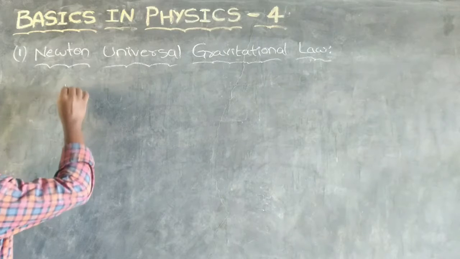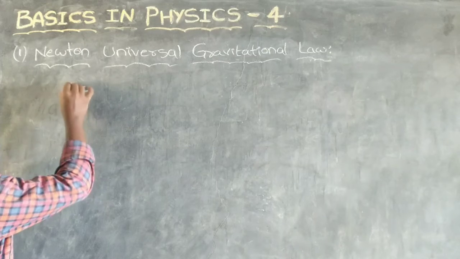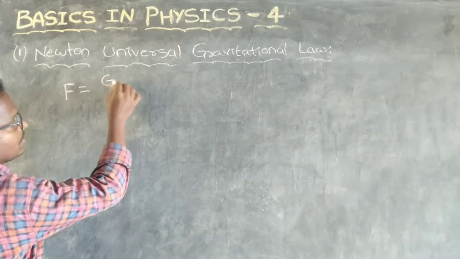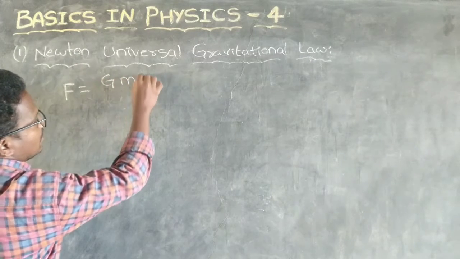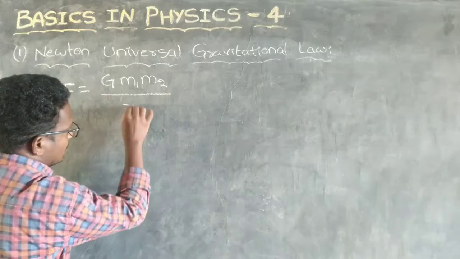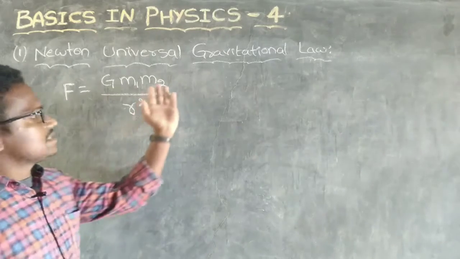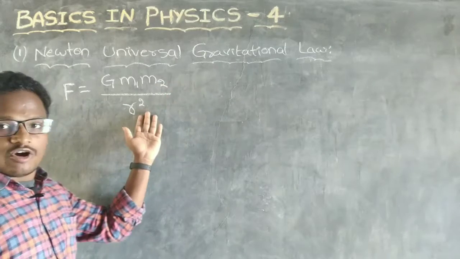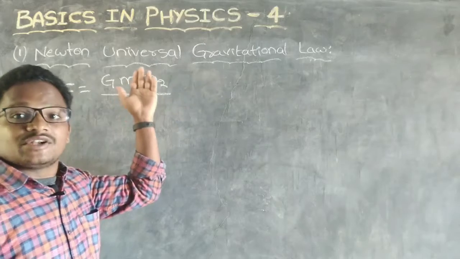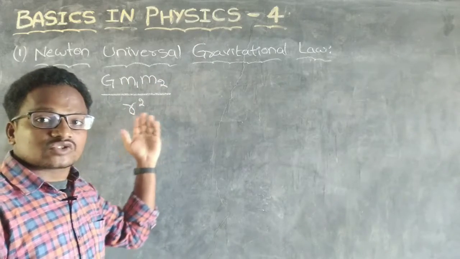Here force F equal to G into m1 into m2 by r square. This is the numerator, this is the denominator. In numerator, G into m1 into m2, by r square.